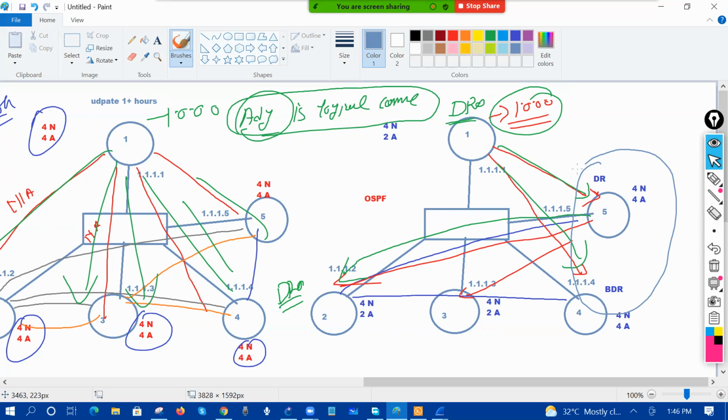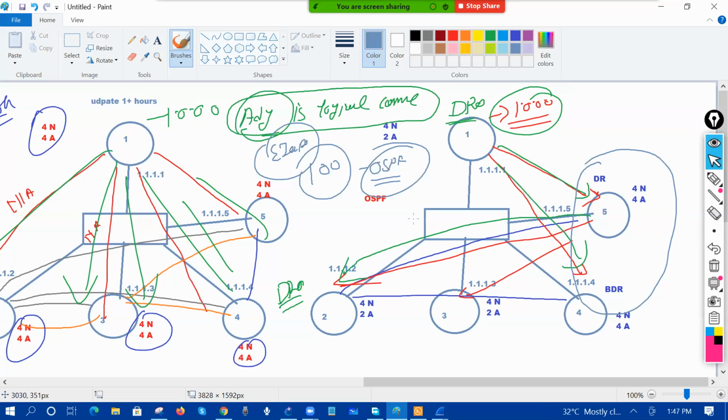This is one of the reasons why we prefer a link state protocol in an ISP network or a big enterprise network. Can you imagine if you have 100+ routers in your subnet, in a broadcast network? If you are running EIGRP, how much load will there be? And if you're running OSPF, which one is better? Of course, this one. There are many reasons, and we'll see them in the OSPF part.